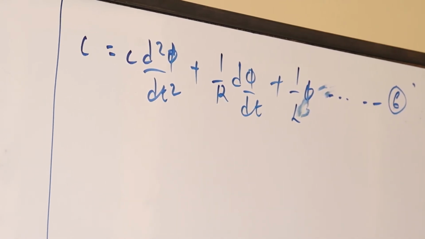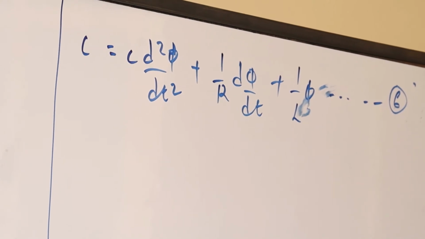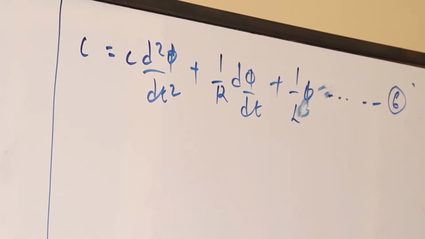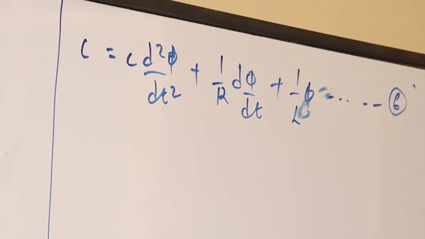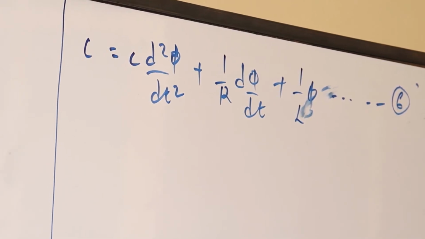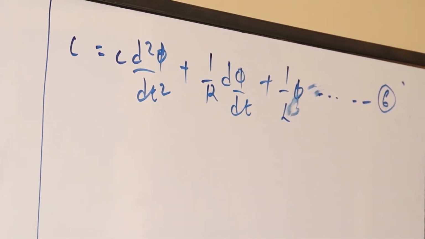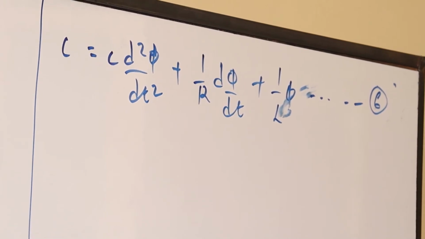Now, comparing equation 1, that one was for the mechanical system. If you can remember what equation 1 for the mechanical system was, then maybe we can compare the two.